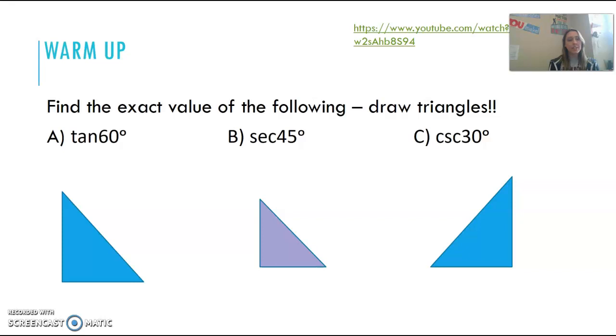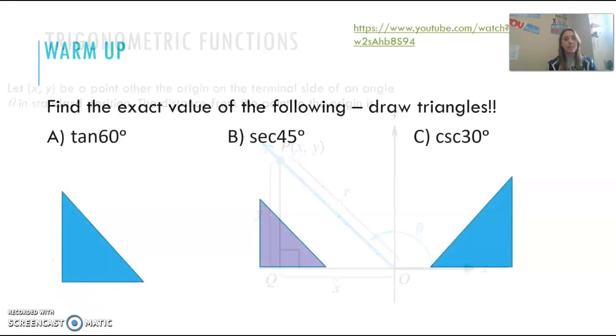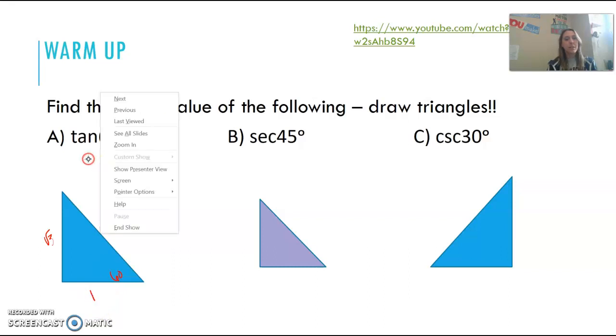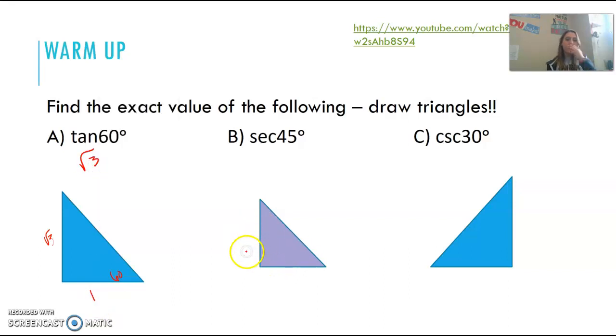So the tangent of 60 degrees, so if we make that 60, then this is the square root of 3, and we got tangent, which is the opposite over the adjacent. So we end up with the square root of 3. Then we've got this is 1, square root 2, 1, and that is going to be secant.